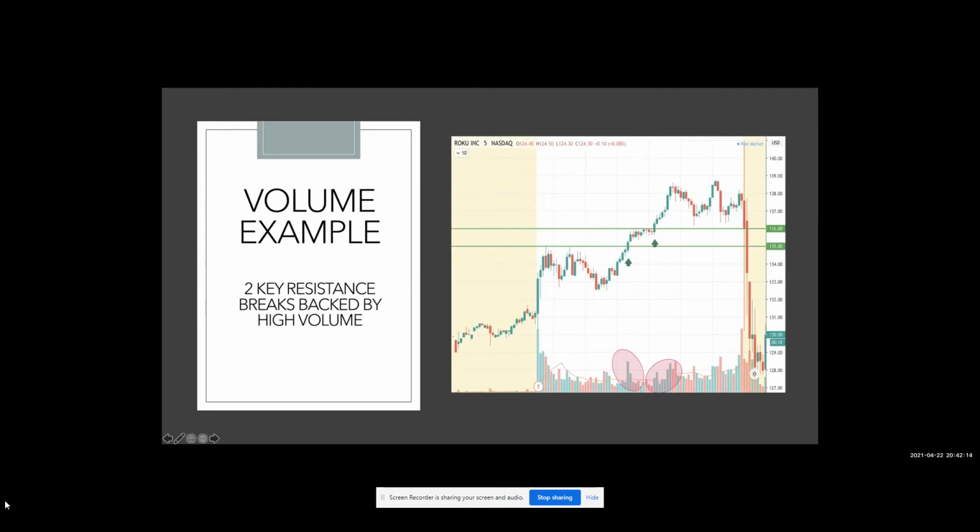So what you're looking for is an increase in volume on the breakout, but just a relative increase in volume. So what does that mean? When you see an intraday resistance form like this, and you're considering taking the breakout, right, to buy calls, you want to see an increase in relative volume.